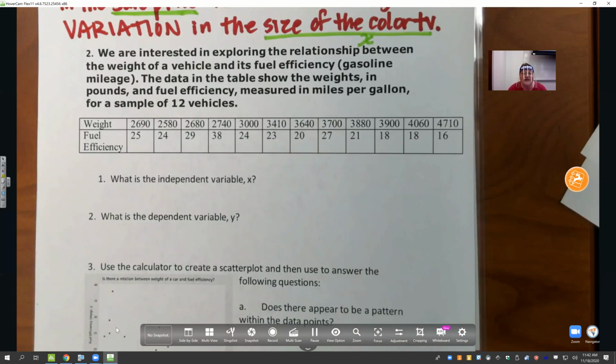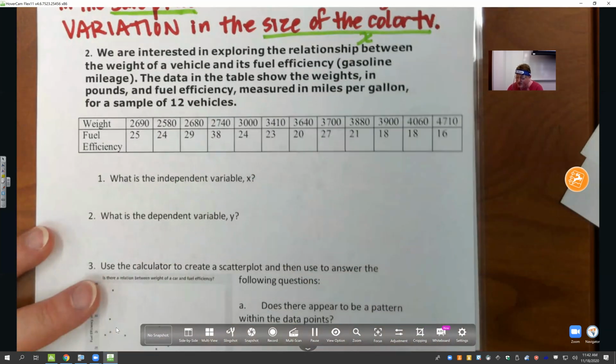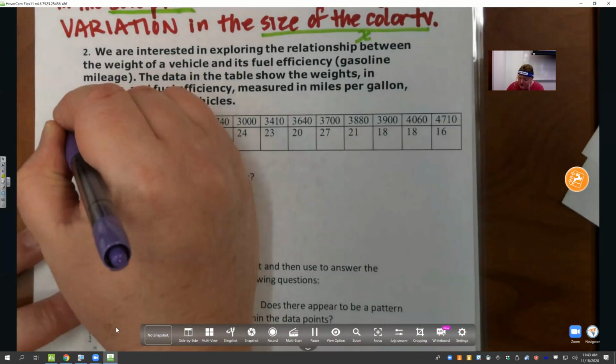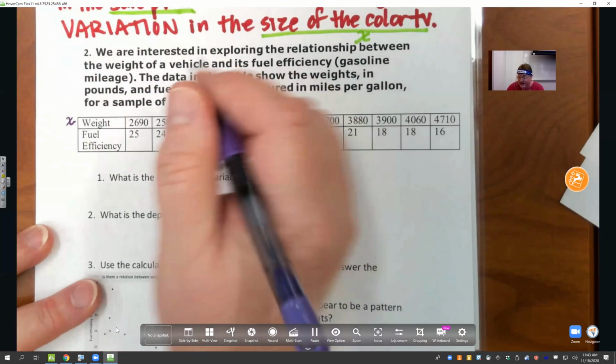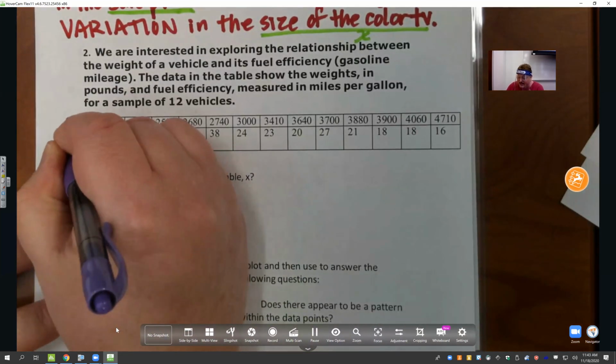The data in the table show the weights in pounds and the fuel efficiency measured in miles per gallon for a sample of 12 vehicles. Now, based on the presentation, I would anticipate that the weight is X and the fuel efficiency is Y.